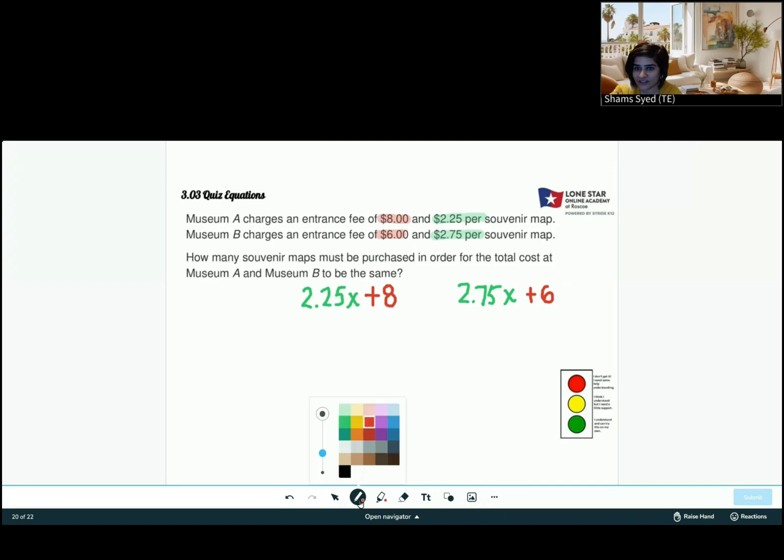How many souvenirs must be purchased in order for the total at A and B to be the same? That means put an equal sign. Remember, to make the questions easy, we decided we will always be subtracting the smaller number from each side. This is the smaller one. Let's subtract 2.25x from each side and see how the equation will look.